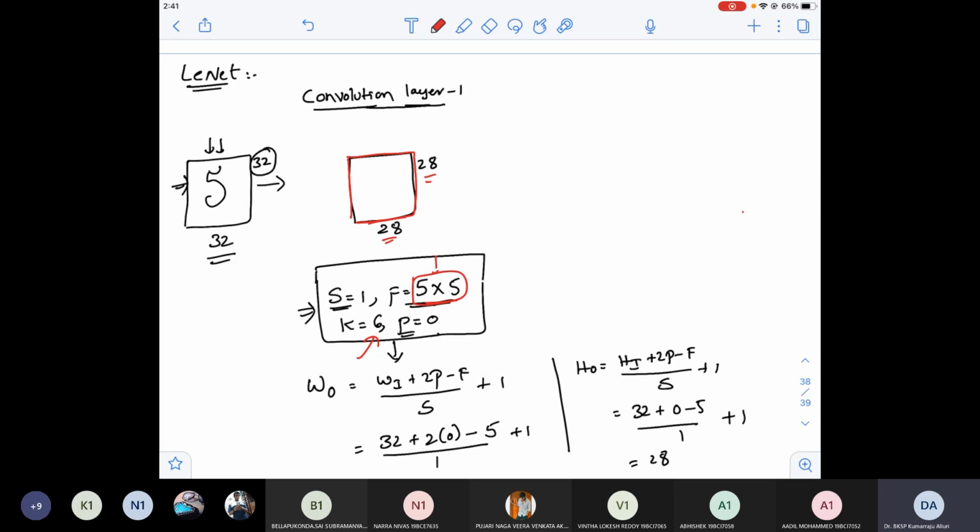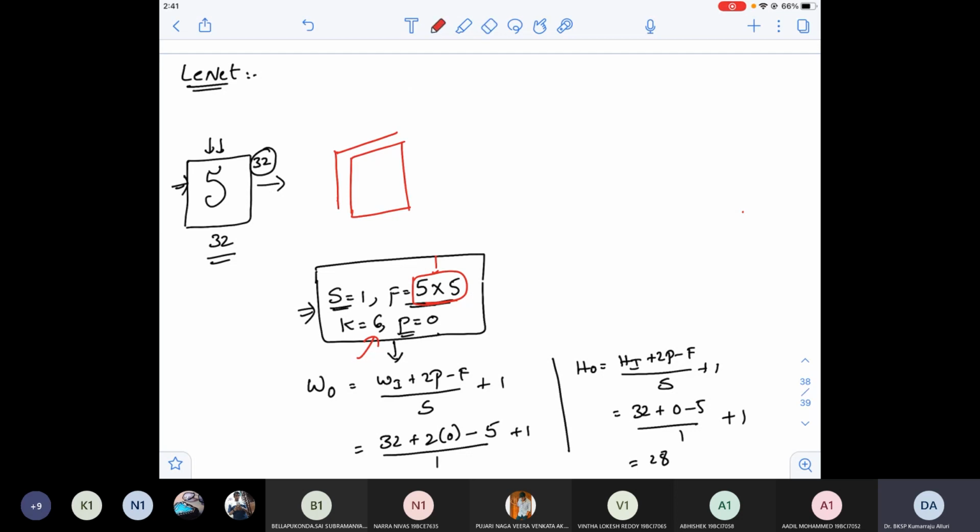Since the other filter will have a different set of weights, I'll get a different set of frame.